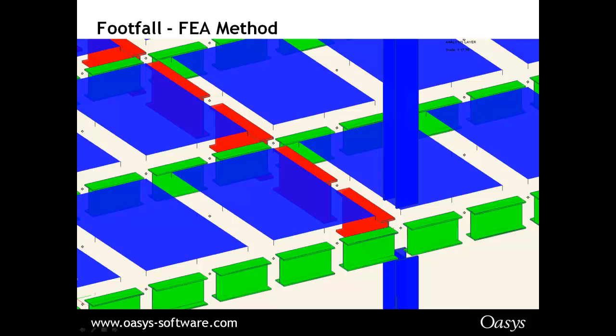Another difference between static analysis and vibration analysis is what you do with cladding and walls. Under static analysis, that edge beam there will be supporting the cladding. Under footfall vibration, the cladding is supporting the beam instead, because the cladding acts as a very deep beam on the edge of the structure and prevents any movement really on that line, which means, as far as analysis is concerned, you just pin the edge.